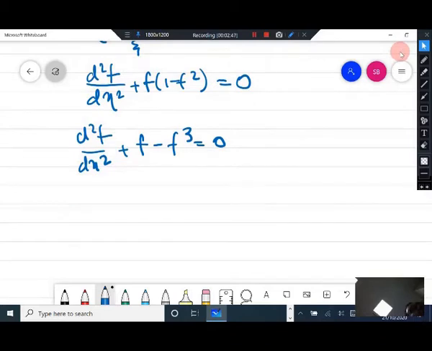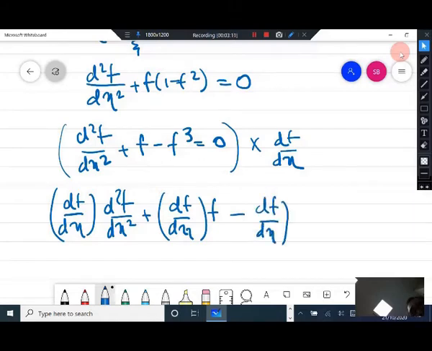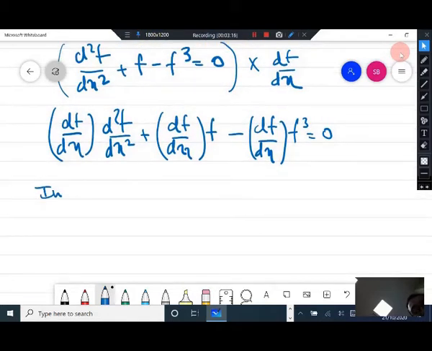We would like to interpret the behavior of this function. We will just try to reconstruct this equation in a different form. So what you do is multiply this by df by d eta. So df by d eta, d square f by d eta square, plus df by d eta f, minus df by d eta f cube is equal to 0, and then you integrate the above equation over eta.